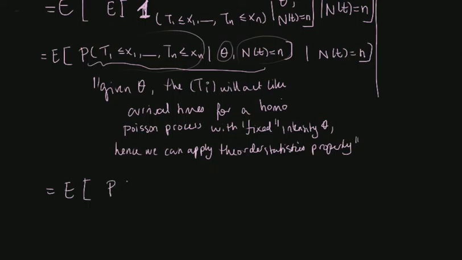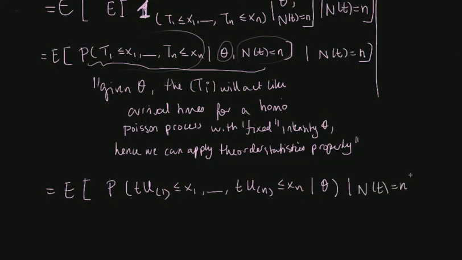It is given as the ordered sample of IID standard uniformly distributed variables U1 up to Un as such. And I cannot forget that I still have to condition on theta, because it is given theta that such a relation holds. And on the outside, I also condition on N(t) being equal to n.